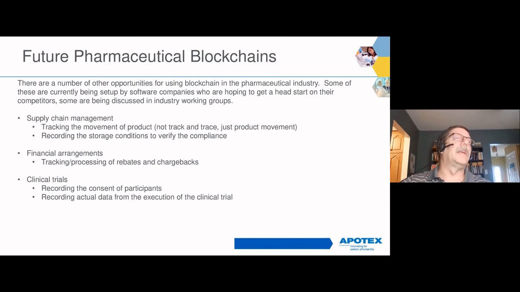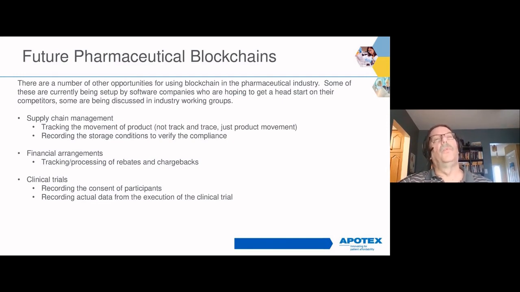Another thing that is very near and dear to pharmaceutical companies in supply chain management is storage conditions. Because the pharmaceutical companies have to ensure that as products move back and forth in the supply chain, they try and track the storage condition.